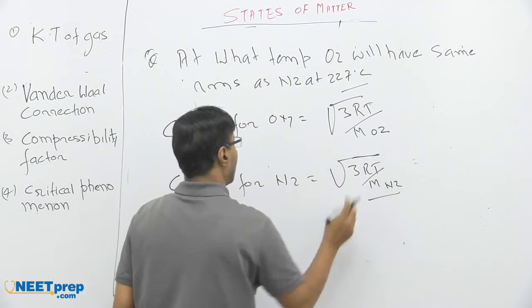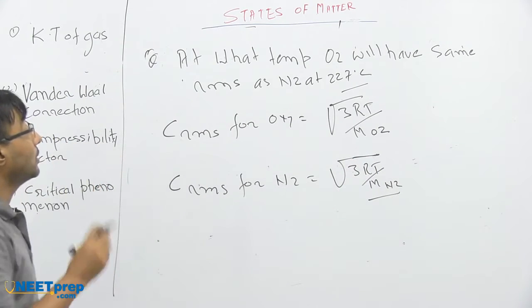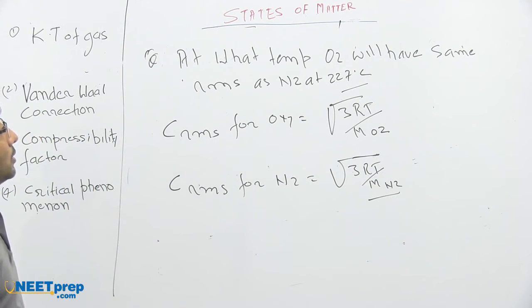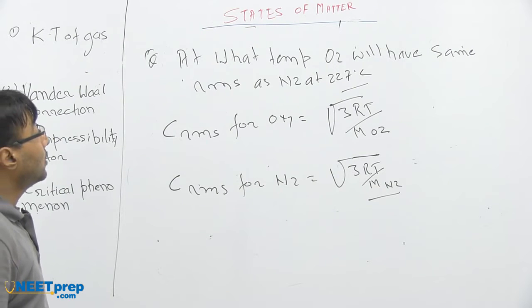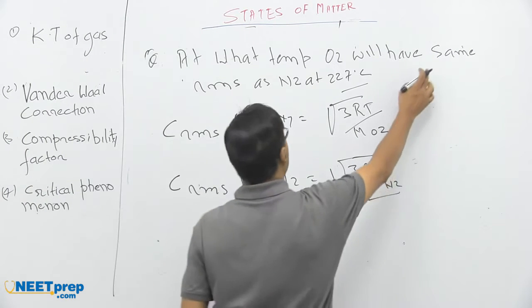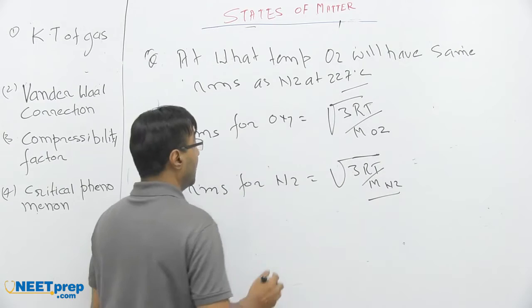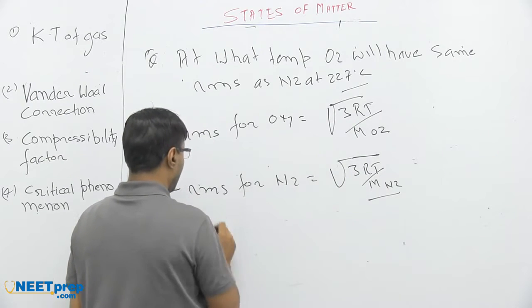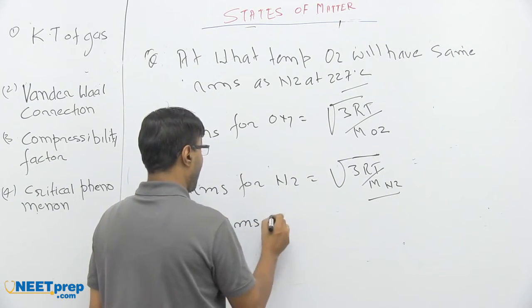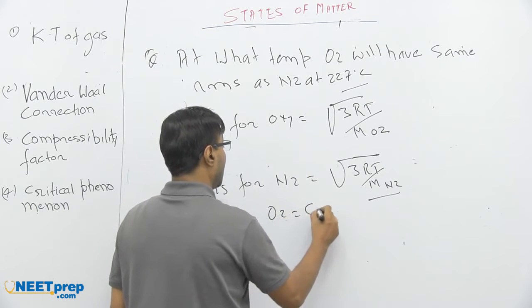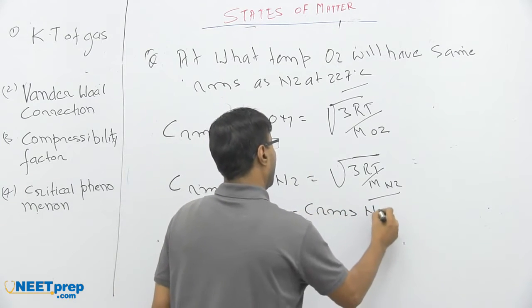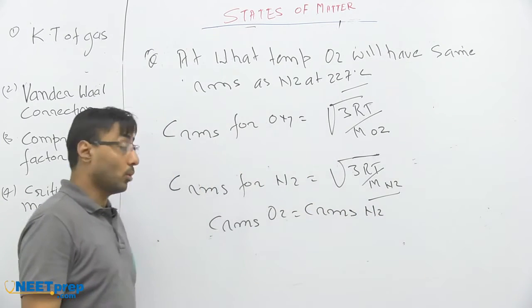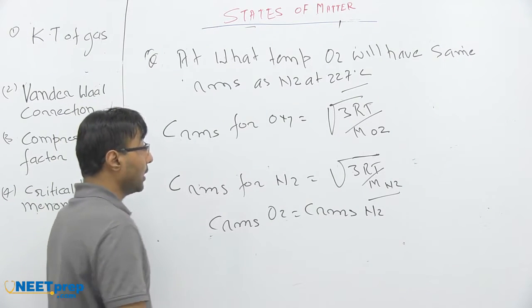So both are having the same velocity, and they want to know at what temperature they will have the same RMS velocity. It means C RMS O2 is equal to C RMS N2.